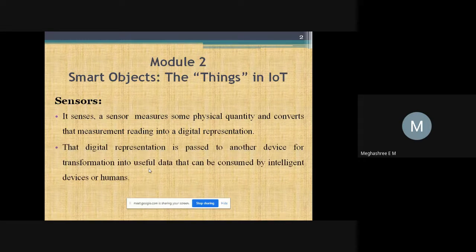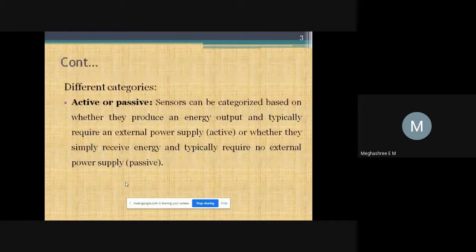This digital representation is passed on to another device for transformation. Then it is consumed by intelligent devices or humans, who read it to take the respective action or make a proper decision. This is all about the sensor definition.